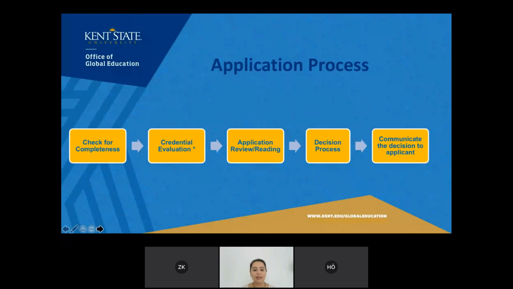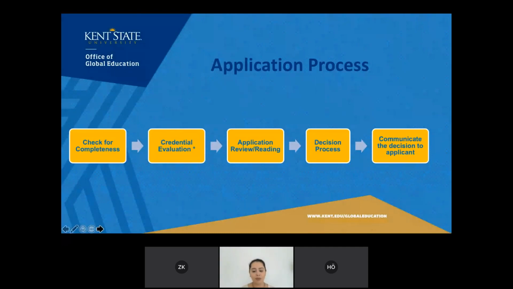So typically the admission teams will review it and then they will send it to the academic department. So if you're applying for a PhD in physics, your application will go to the physics program for them to review. And then typically in the review process at the graduate level, there are two types of review.